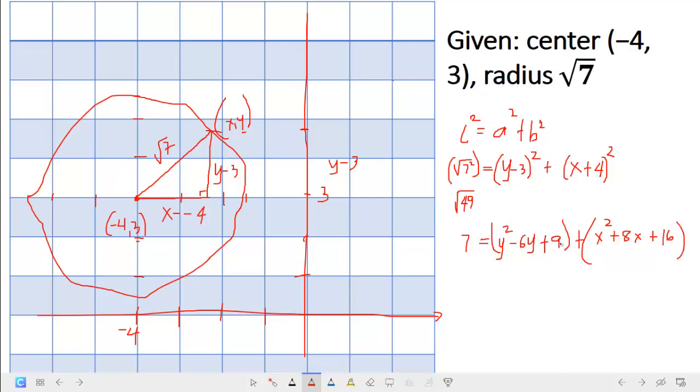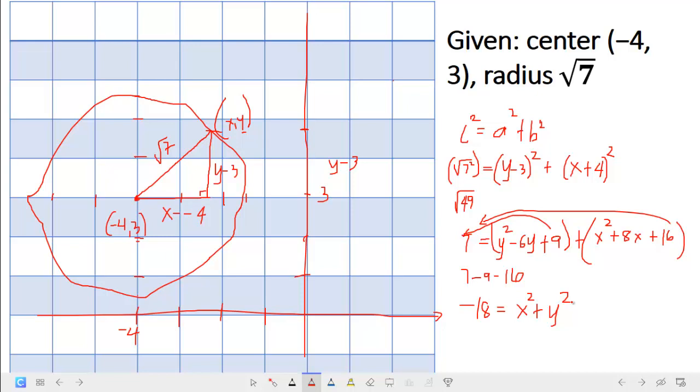So, 7 minus 9, because we move the 9 and also the 16. So, that is 7 minus 9 minus 16. And that becomes negative 18. And that is equivalent to, let us arrange it, x squared first, then y squared, then x again.